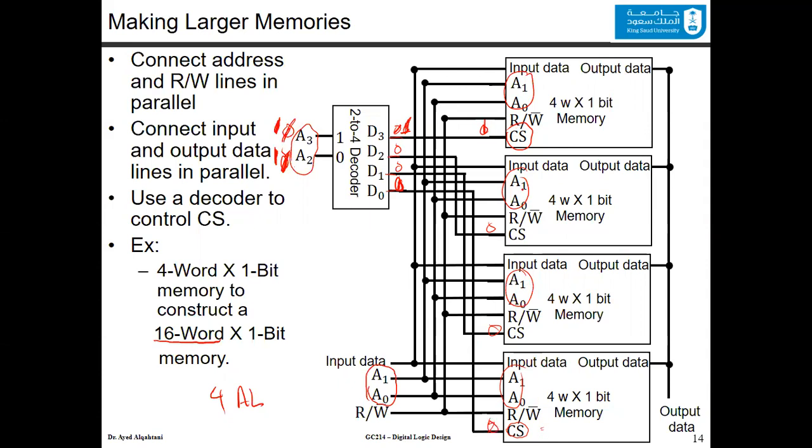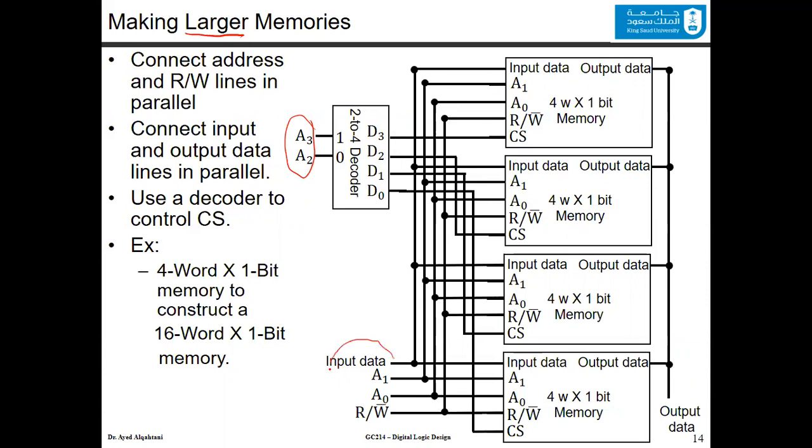You can see how we manipulate the chip select to build larger memories. For the input data and the read and write, we also connect them to all memories. So basically, to build larger memory, we only manipulate the address lines.